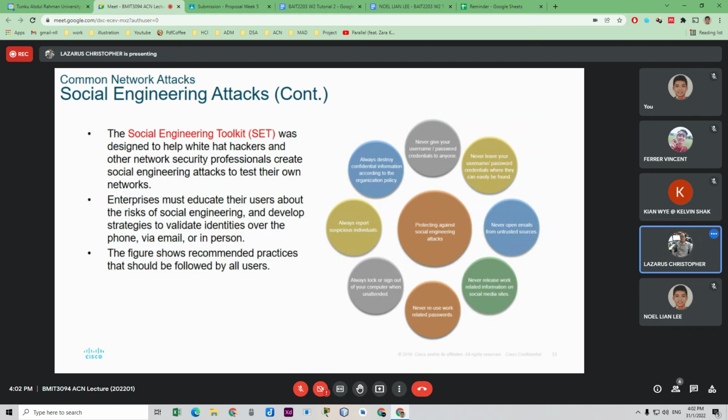Okay. Right, so this figure here shows recommended practice that should be followed by all users. Always report suspicious individuals. These are the procedures that can be done by an organization to prevent social engineering attacks. Always log or sign out of your computer when unattended. Never reuse work-related passwords. Never release work-related info on social media, because this is the first place they do recon.